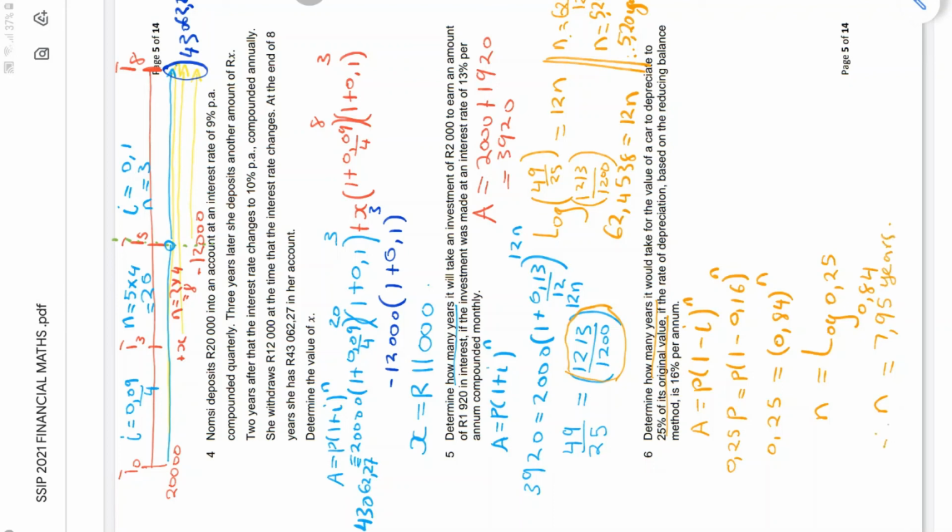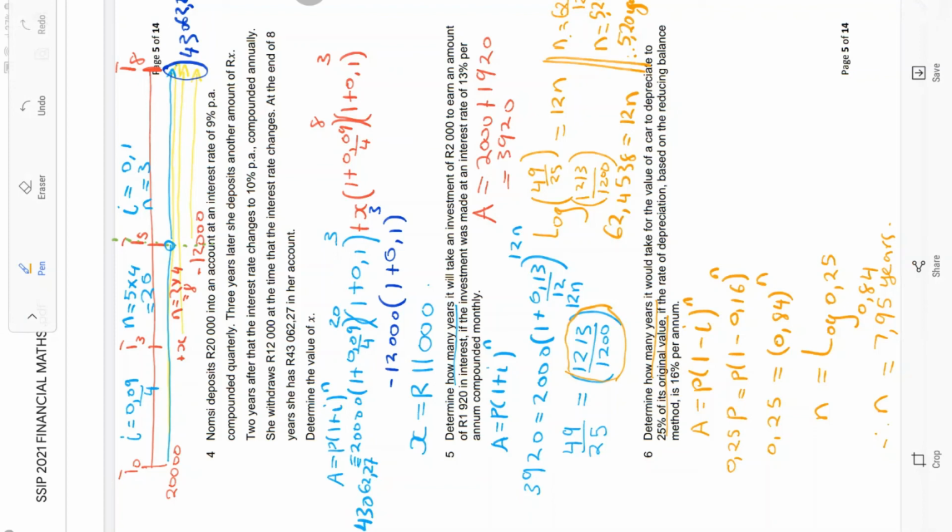Basically, this means that it is 9 full years, rather 7 full years with some months, almost maybe 11 months. But so this is how the questions are supposed to be approached.